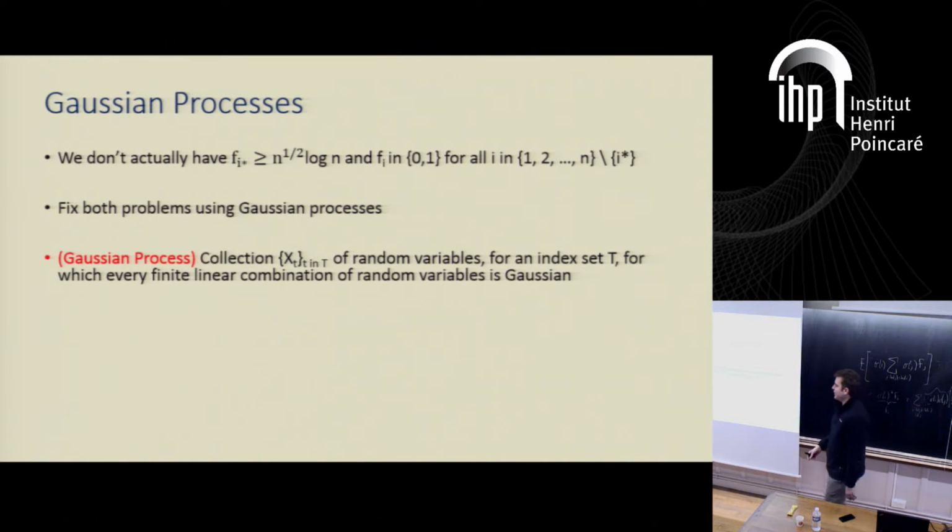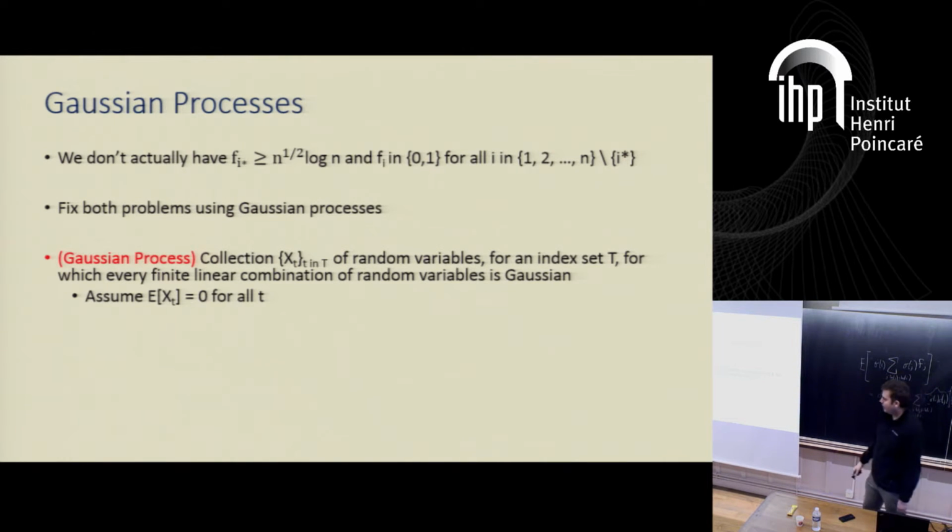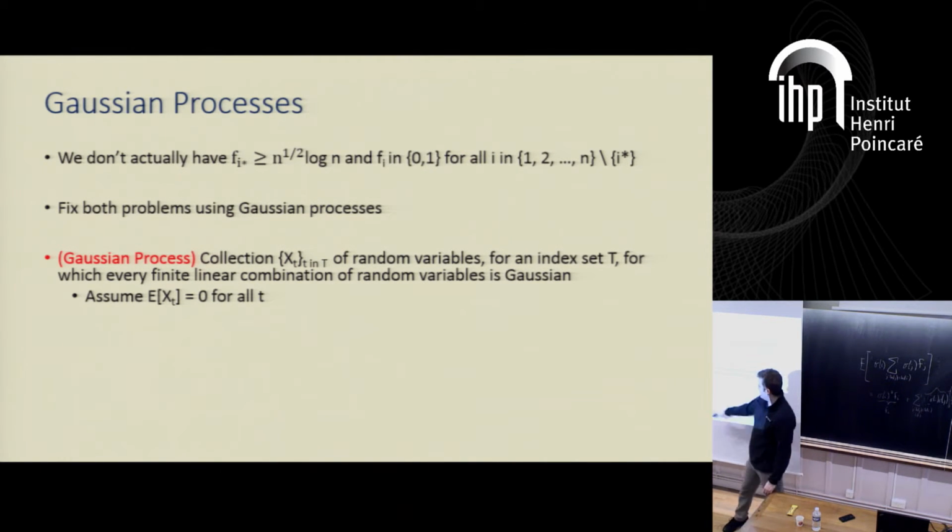Okay, for us, this index set T is finite. We have a finite number of random variables. And this is just saying that every linear combination of these random variables is Gaussian. Right? In particular, the individual random variables are Gaussian. Okay, that's all that definition is. For us, we can assume that these random variables all have mean 0.